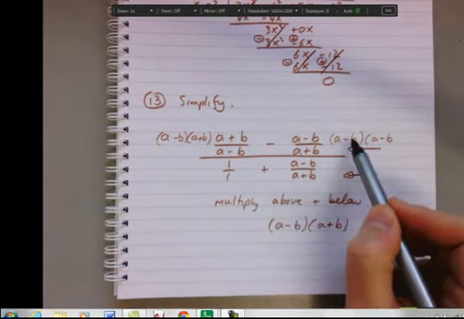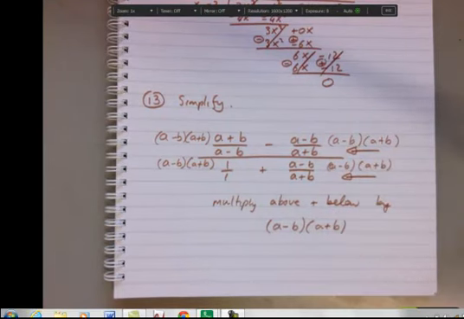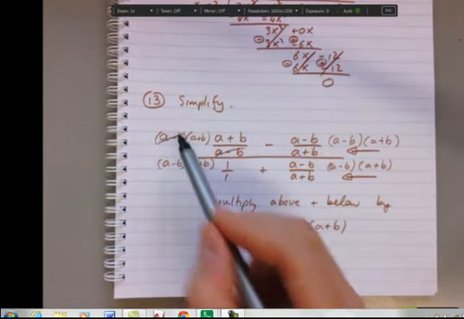You're also going to have the same thing here, a minus b, a plus b, and a minus b, a plus b. So what's the reason for doing all that? Well, that will cancel with that. The a plus b will go with the a plus b. Nothing is going to cancel here, okay? But the a plus b will cancel with the a plus b here.